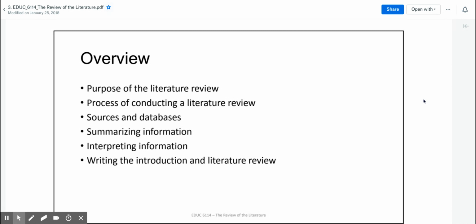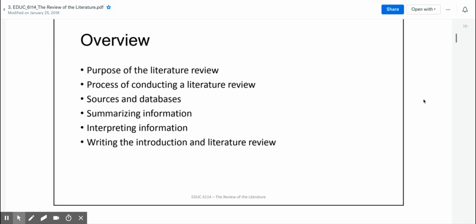And then also basic guidelines of interpreting that summarized information. So what are the options and strategies for interpreting that information, right? And then we will go over writing the introduction and literature review, more specifically, the literature review guide, right?